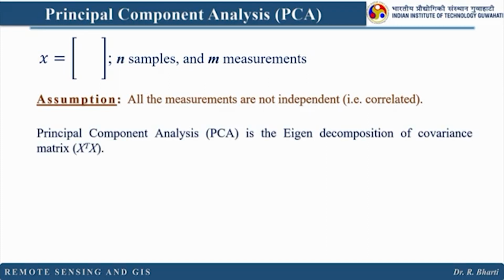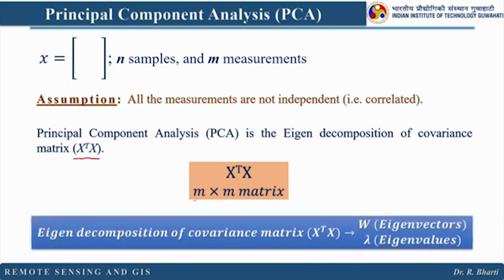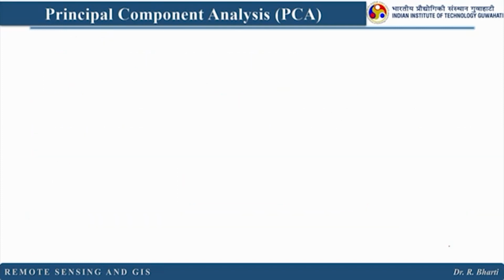So principal component analysis is the eigen decomposition of the covariance matrix, that is X transpose X. Here X transpose X will have M into M size, and once you decompose this covariance matrix X transpose X into eigenvectors w and eigenvalues lambda, then you can write it like matrix X multiplied with w is equal to T.